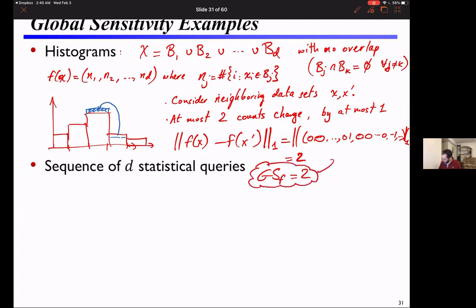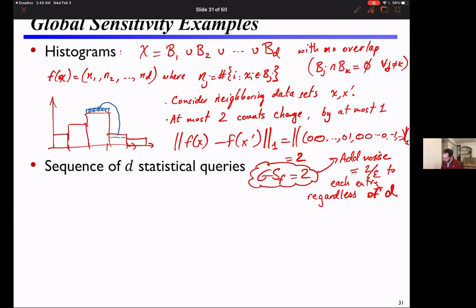So as a result of that, we can add Laplace noise on the scale of about 2 over epsilon to each entry, regardless of the number of bins in our histogram. So the amount of noise we're adding per entry basically doesn't change as the dimension of the histogram increases.